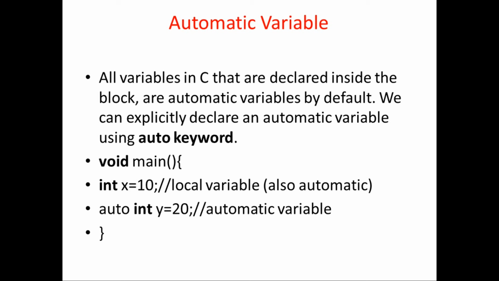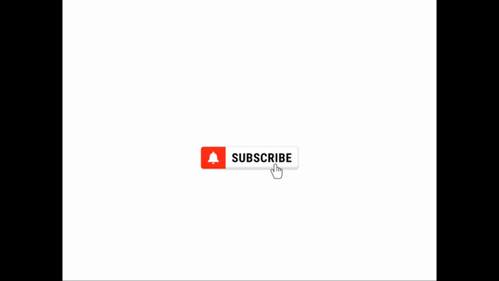Just look here, void main, that is the function. Within the function we define these two variables, and a variable defined inside a function is a local variable, so it will also be considered an automatic variable. In the next part they have mentioned clearly the keyword auto: auto int y equal to 20. This is also considered an automatic variable.